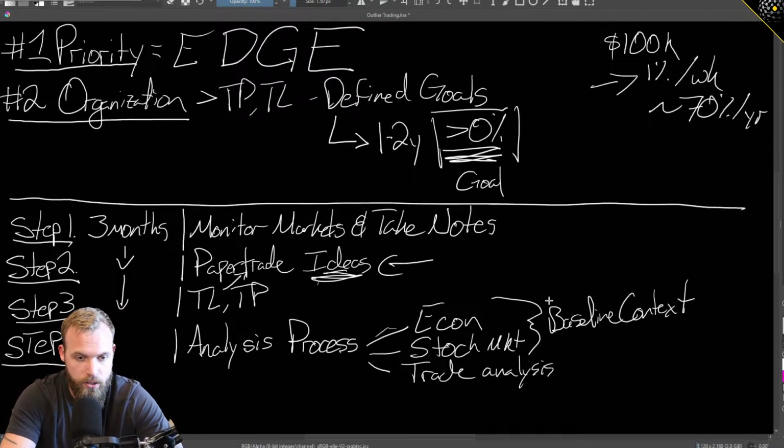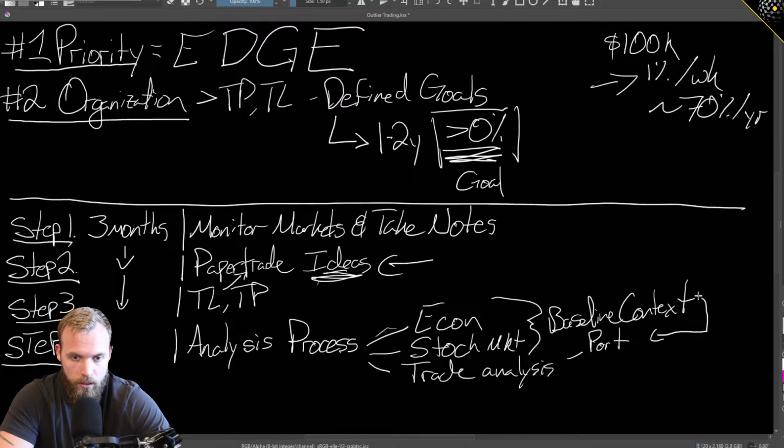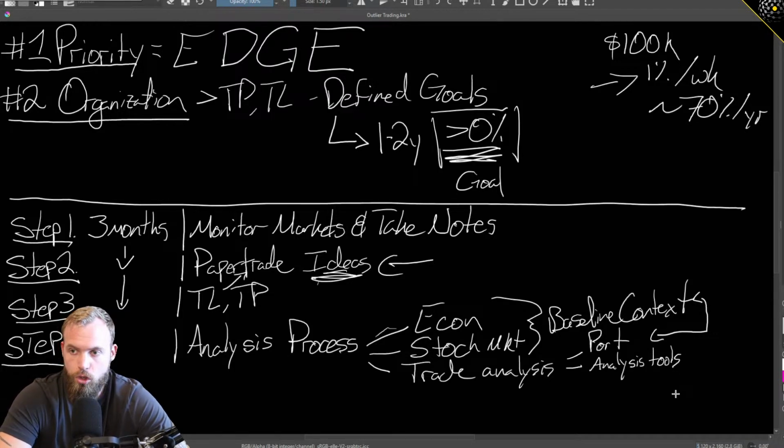So the trade analysis process for me, as you guys know, always starts with the portfolio, understanding the portfolio and creating alignment with this base context. This is always going to happen first. So before I ever analyze an individual trade, I'm doing these things every single time. Then I can start thinking about analysis tools. In here are things like, for technical analysis, how do you think you're going to conduct it broadly?